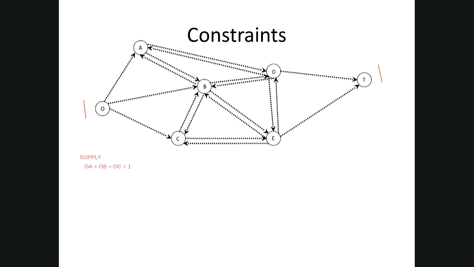Our demand constraint, and hopefully you're ahead of me on this, is D to T plus E to T equals exactly 1. And now we have our 5 locations in the middle. These are going to be our transshipment. Whatever goes in has to equal whatever goes out. That's going to help us build.